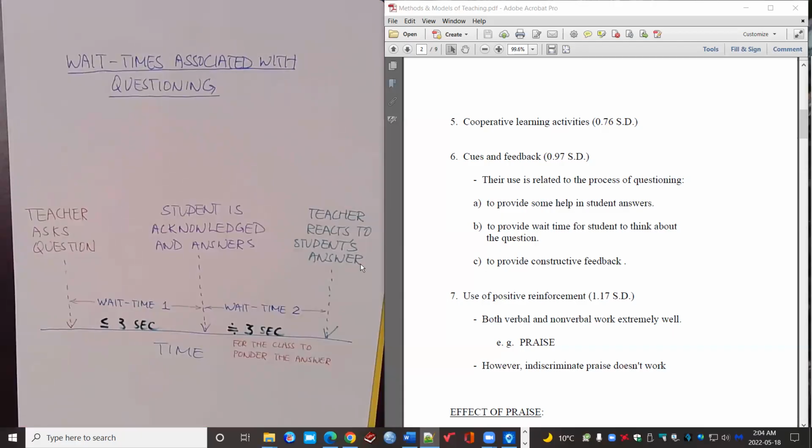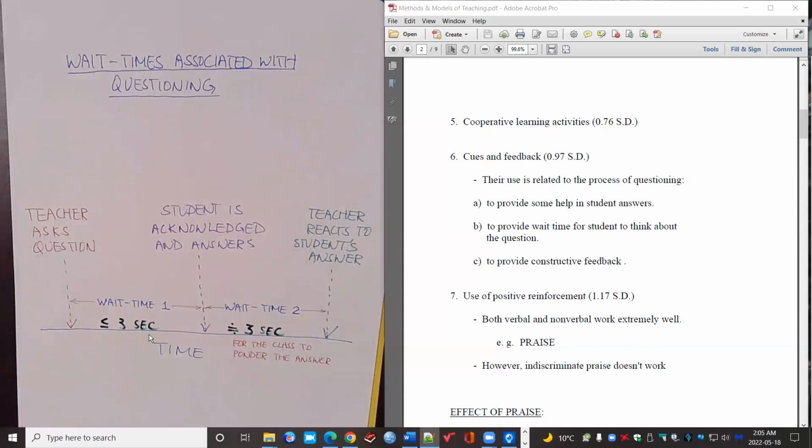So that is the way to do cues and feedback and to do questioning and answering. Most of the time you remember it is about 3 seconds, no more than 3 seconds.